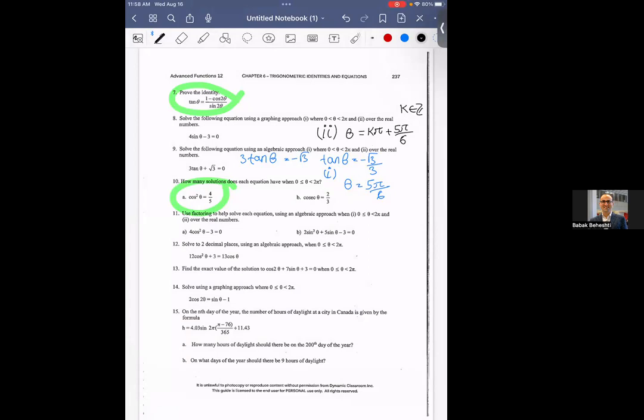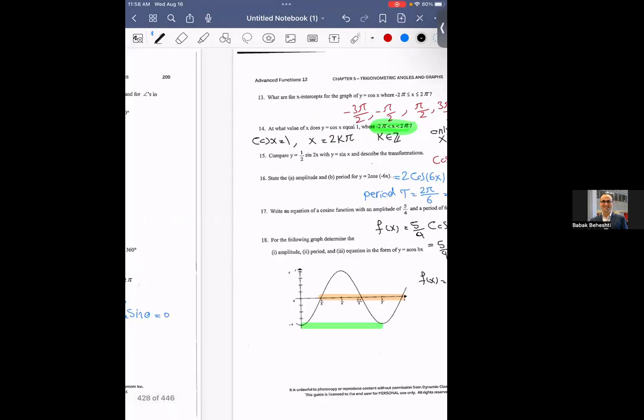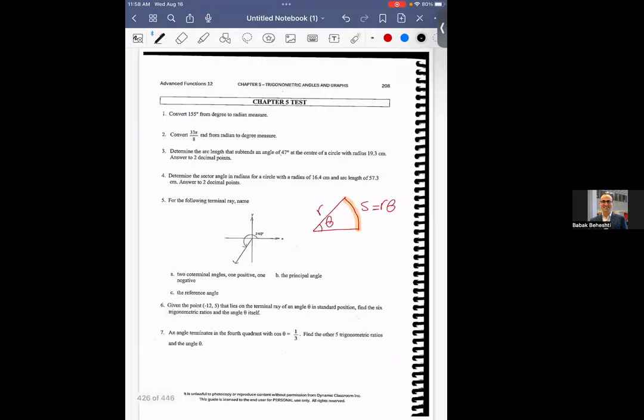For the principal angle, on the first page, chapter 5, question 5, it's asking for the principal angle and the reference angle.